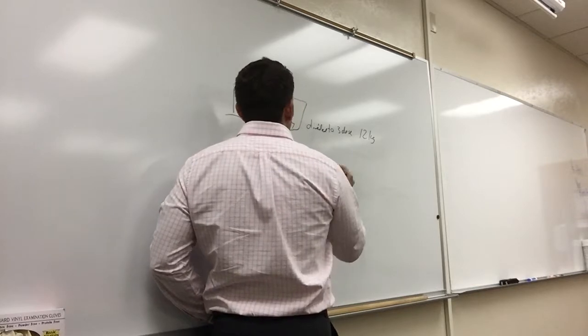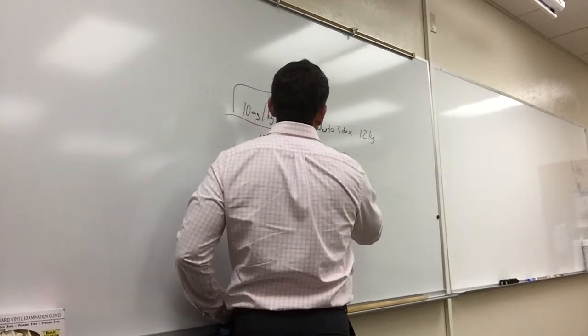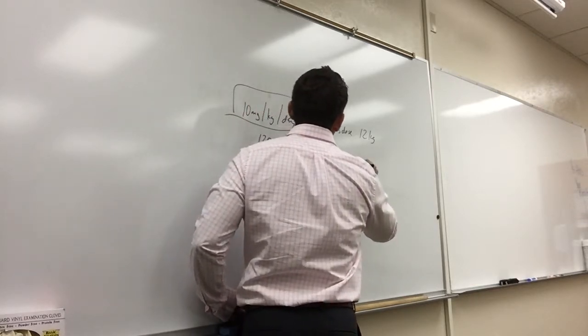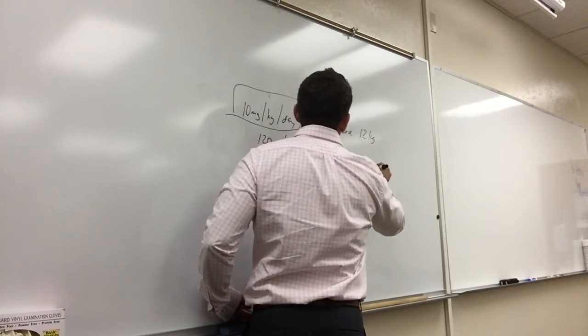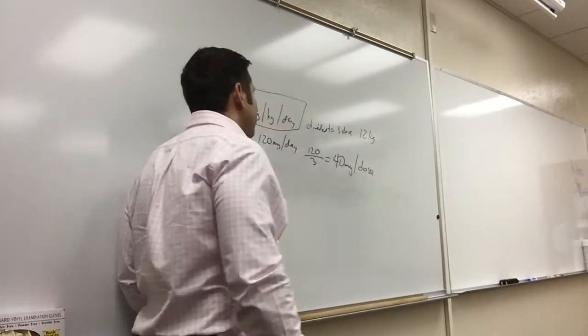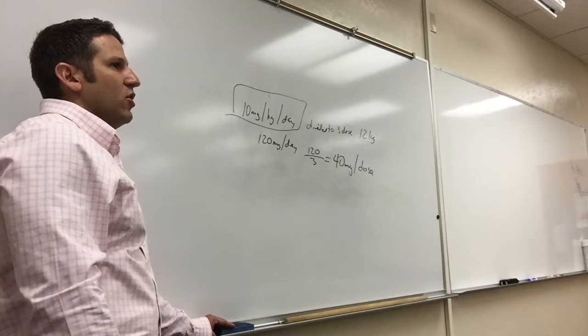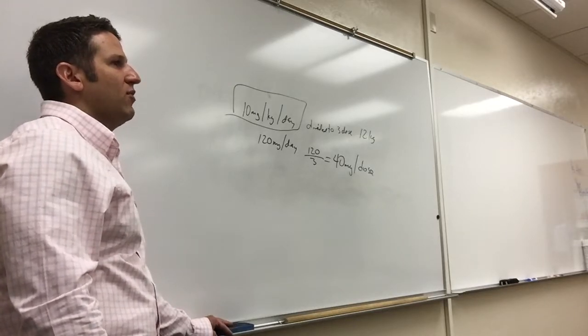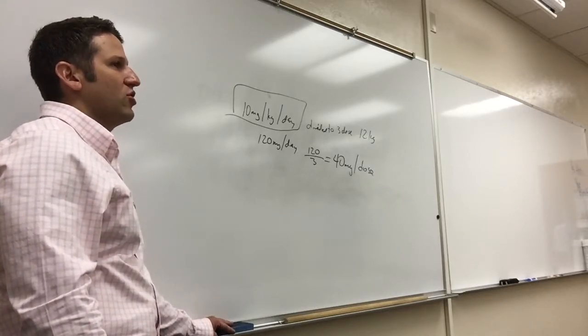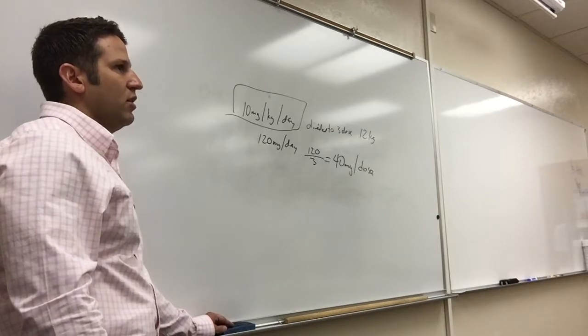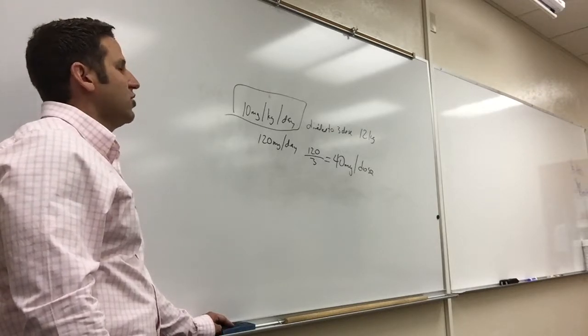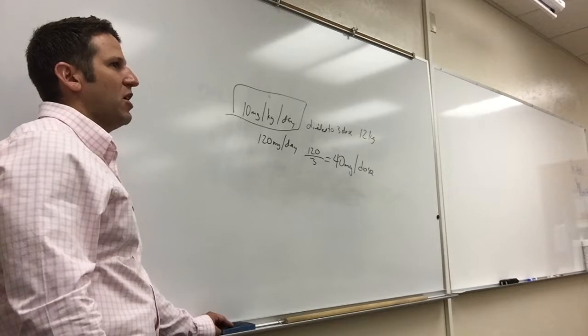So 120 divided by 3 equals 40 milligrams per dose. So with dimensional analysis, you'd spend more time trying to figure out dimensional analysis instead of just using common sense on this one. I know that you guys can use common sense. It's possible.